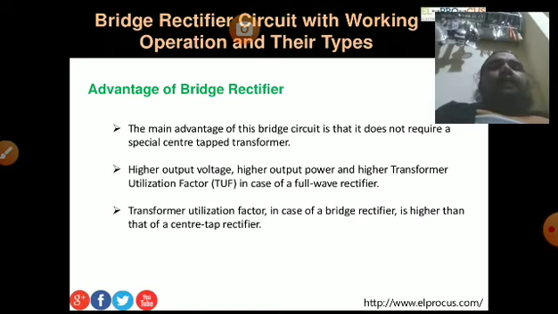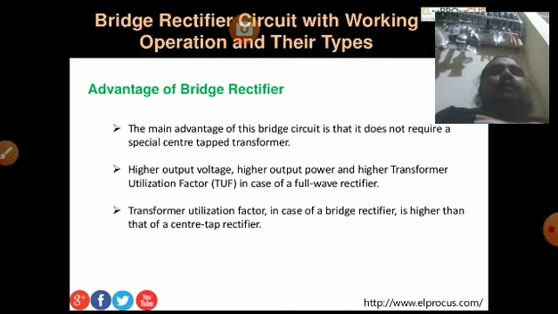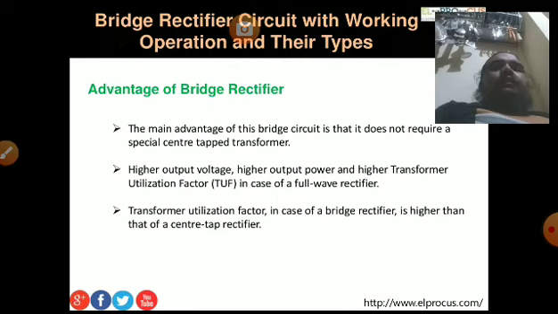Next are the advantages of the bridge rectifier. It does not require a center tapped transformer. It gives higher output voltage, higher output power, and a higher transformer utilization factor, TUF, as in a full wave rectifier.